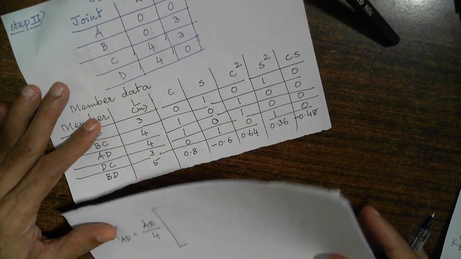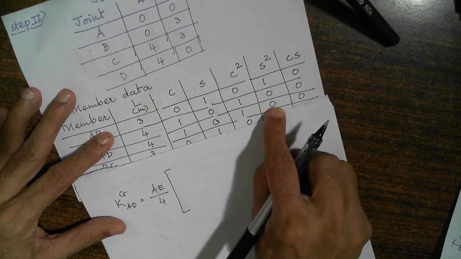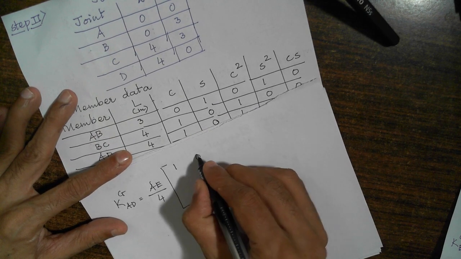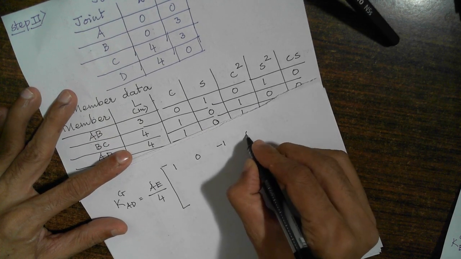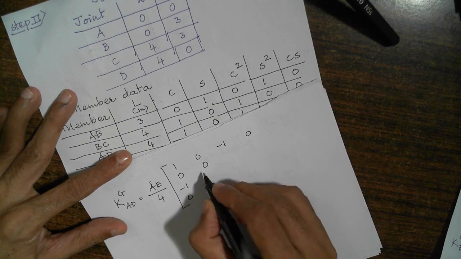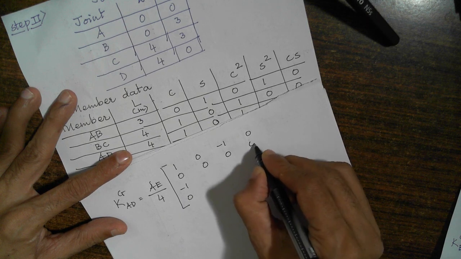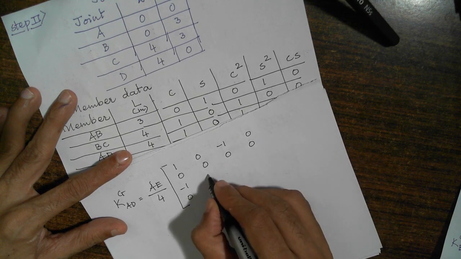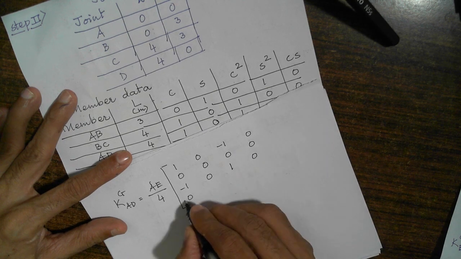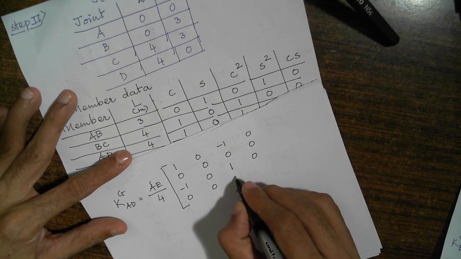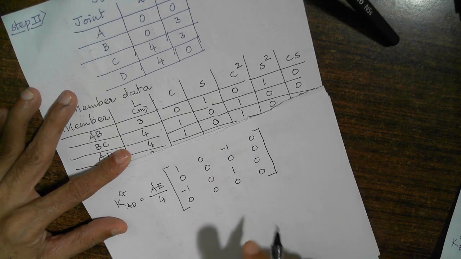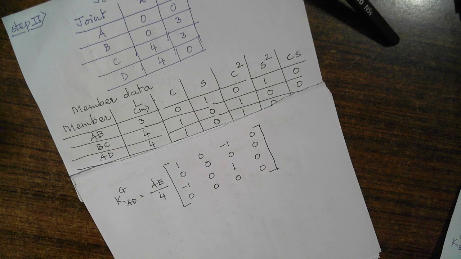I know it is C square, CS, minus C square, minus CS; CS, S square, minus CS, minus S square; minus C square, minus CS, C square, CS; minus CS, minus S square, CS, S square. So this is the global stiffness matrix for my member AD.